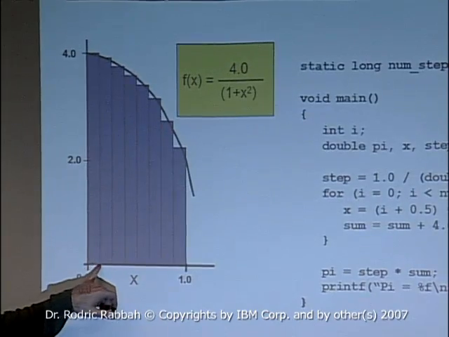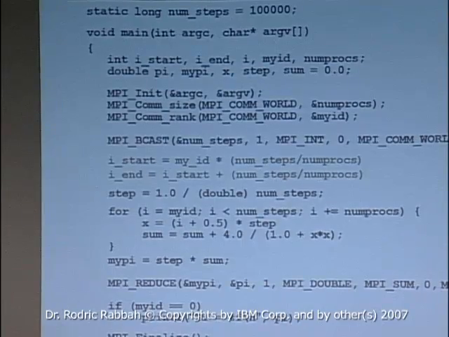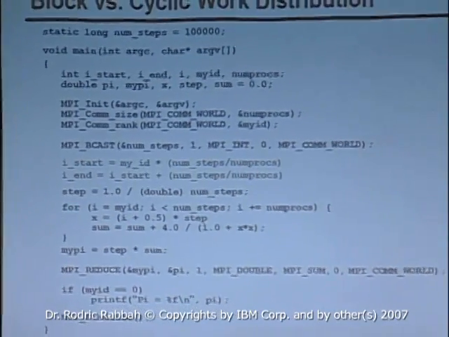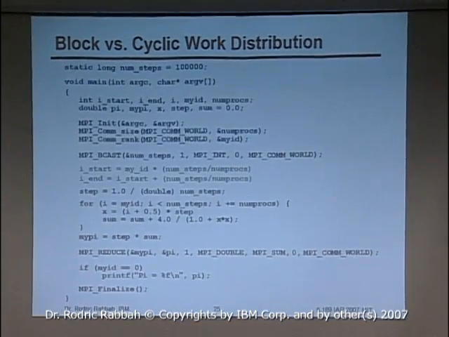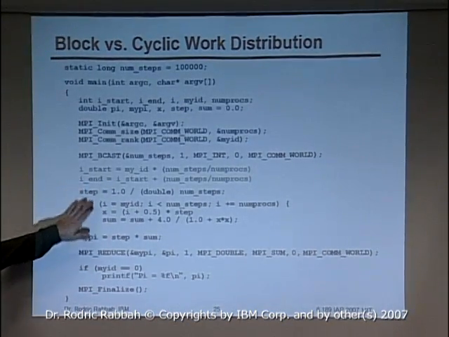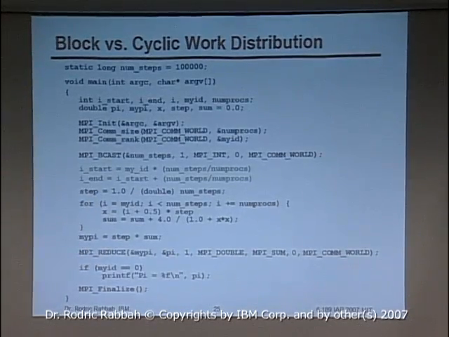So I start here and I go through to completion. I start here and go through to completion. In the cyclic distribution, I might do smaller slices of each one of those intervals. I grayed out the components for the block distribution and just showed you that for contrast here.